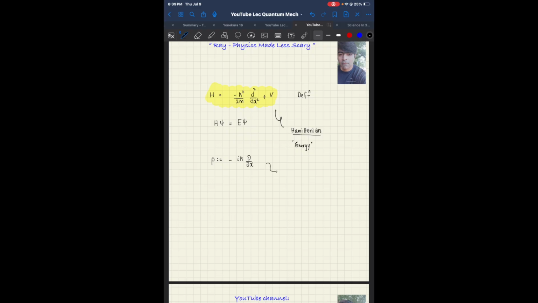This was in lecture 2 and 3. So with this notation, you can write this H simply as p squared by 2m plus V. Does this look familiar to you?